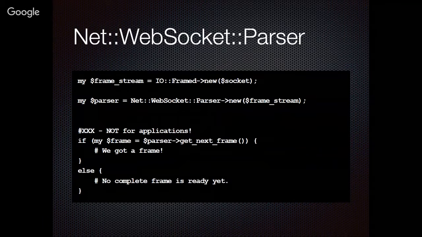So IO framed incorporates just enough logic to do that, and also, if my write queue can't take that many bytes yet, I'm only going to write as many as I can, and I get a callback when I'm done sending that frame. So it's a nice way to have asynchronous writes and get a next callback so you know exactly when you're done sending that particular frame. You don't have to use IO frames for NetWebSocket, but you do have to have something that implements that.